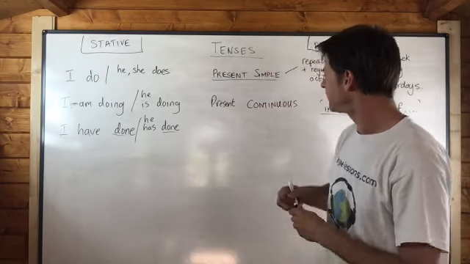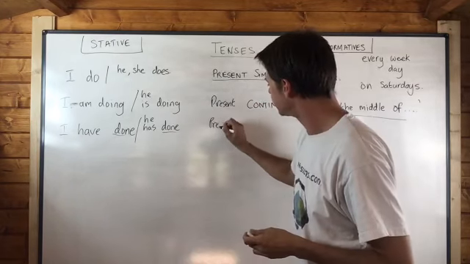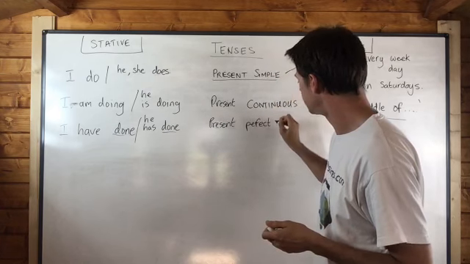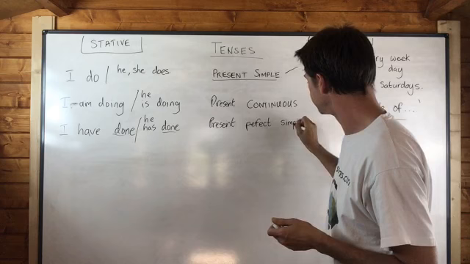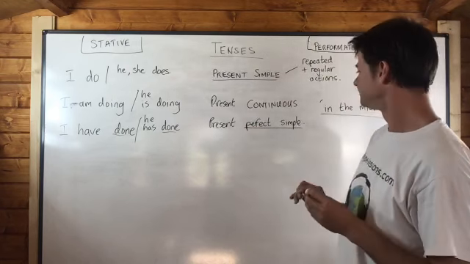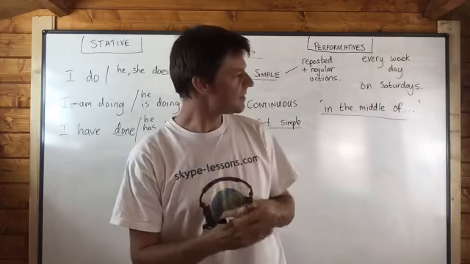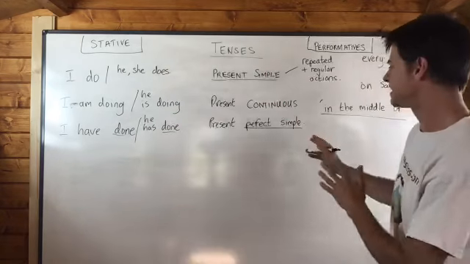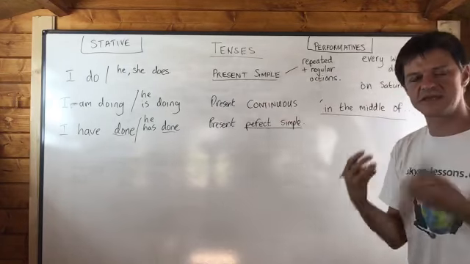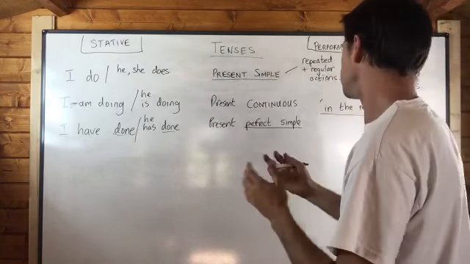Now we use present perfect, this is its name, present perfect simple. If you want the whole name, it's actually present perfect simple. It's not simple on its own, it's perfect simple. And the best way to understand this particular tense, in fact all aspects are well understood if you think about signal words.